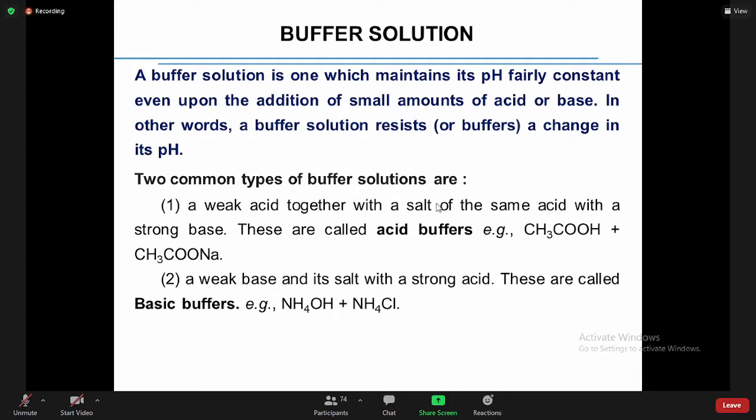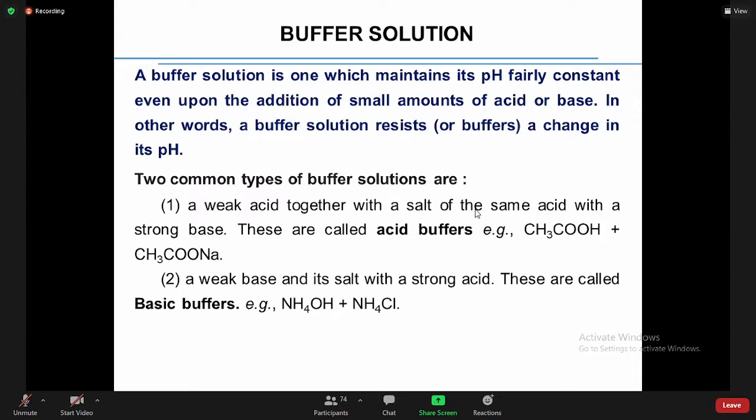A weak acid or a weak base and its salt makes a buffer solution, sir. Very good. If we add hydrogen ion or hydroxide ion, the pH will not change. Basically, a weak acid and its salt, or a weak base and its salt, will prepare the buffer solution, isn't it?